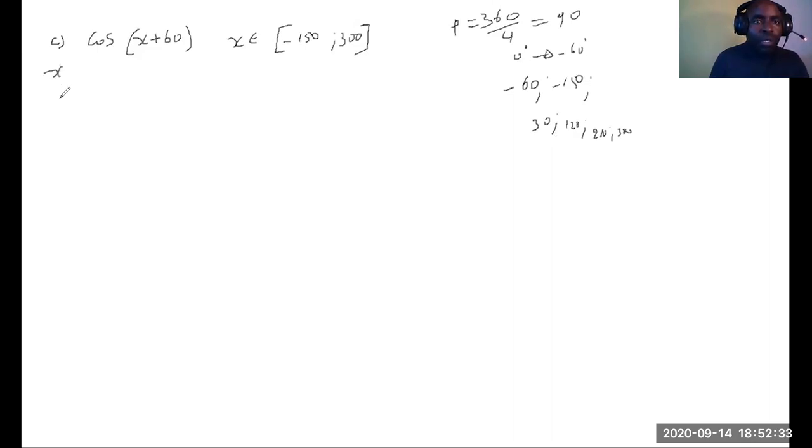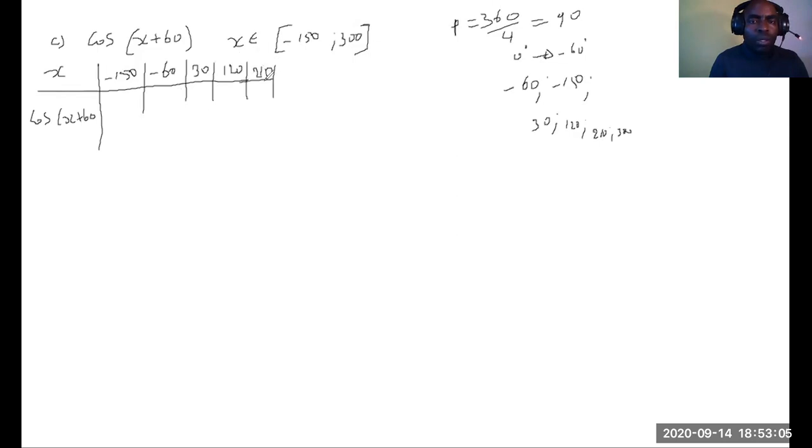We've got the x, and I've got cos x plus 60. We are starting from negative 150, and then we go to negative 60. Then we go to 30. We go to 120. Then 210 and 300. That's perfect.